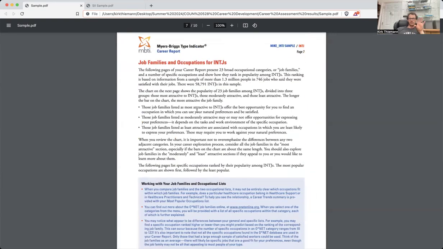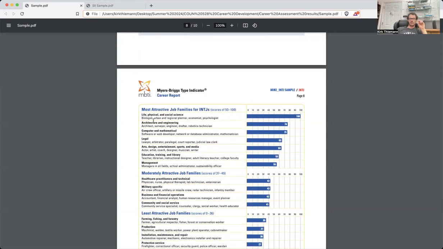So here is where it starts to get into specific occupations based on types that might be a good fit. And this is where you have to really be thoughtful. Because the most attractive job families for INTJs are in the life, physical, and social sciences, I must do that. Sometimes people say, "The assessment told me that I need to be a biologist because I saw it on the list of the most attractive jobs."